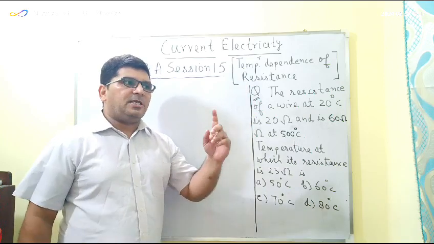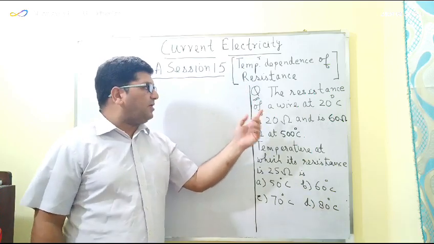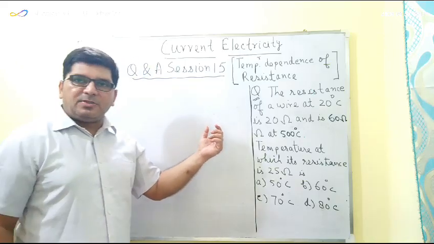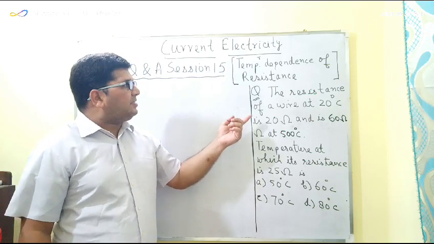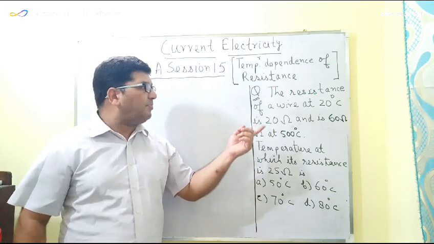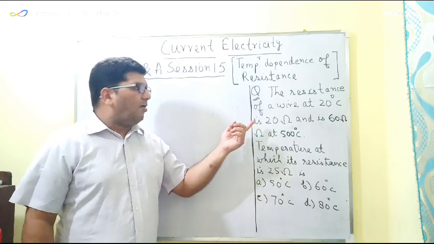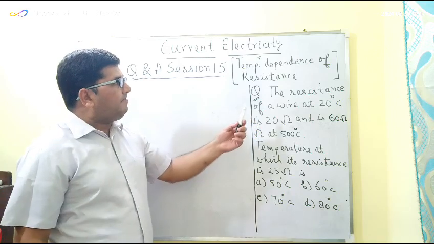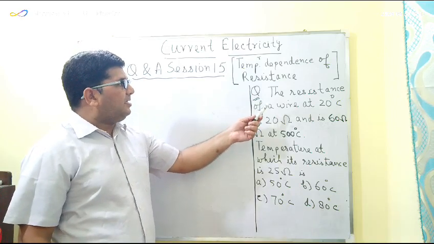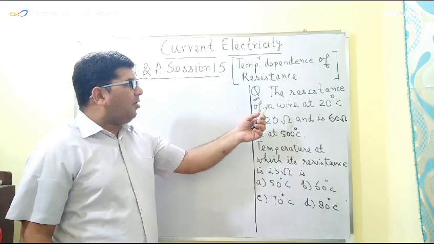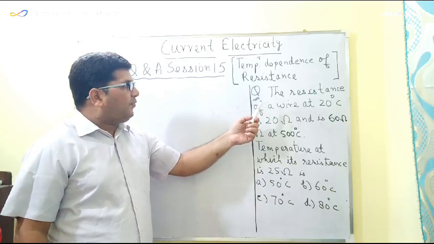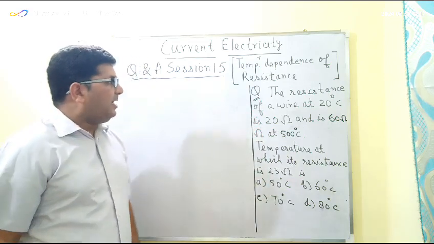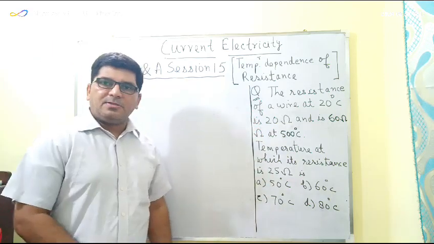That is, the resistance or the resistivity of a metal or a conductor increases with the rise in the temperature, and its temperature coefficient of resistance or temperature coefficient of resistivity is positive, whereas the resistivity or the resistance of the insulator decreases with the rise in the temperature and its temperature coefficient is negative.